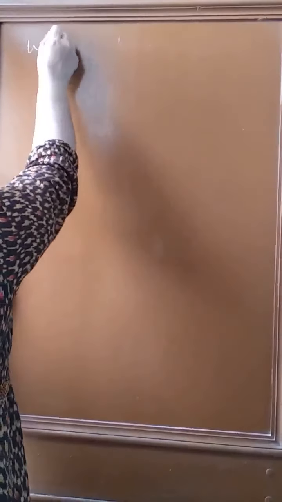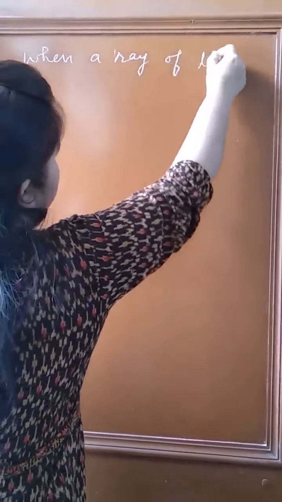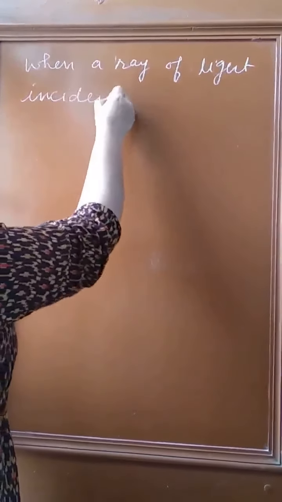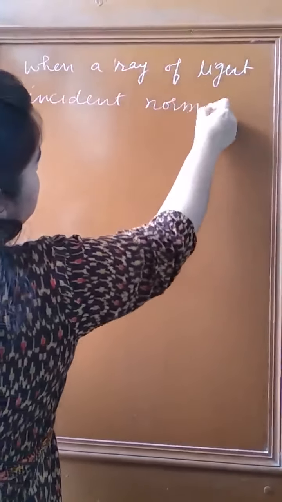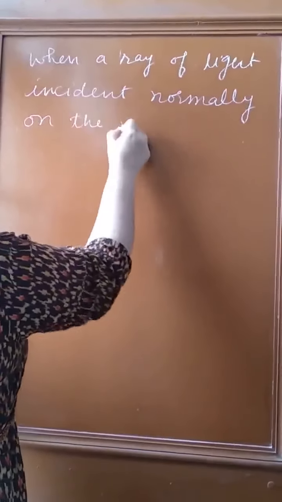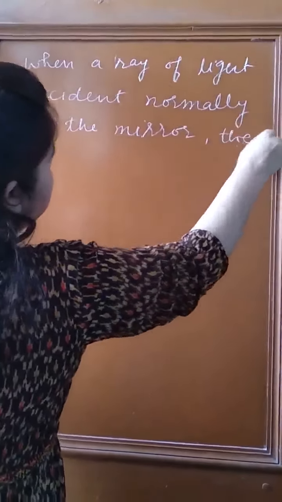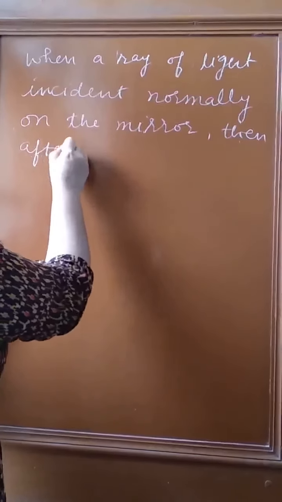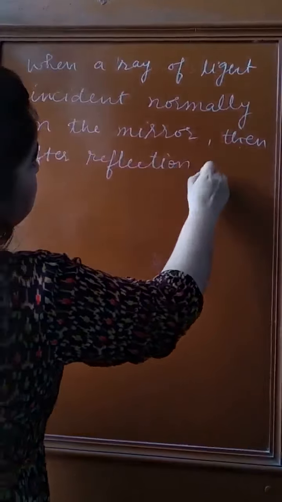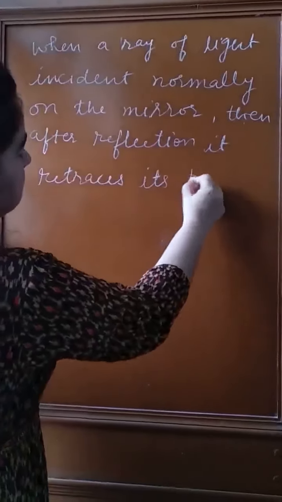When a ray of light is incident normally on the mirror, then after reflection it retraces its path.